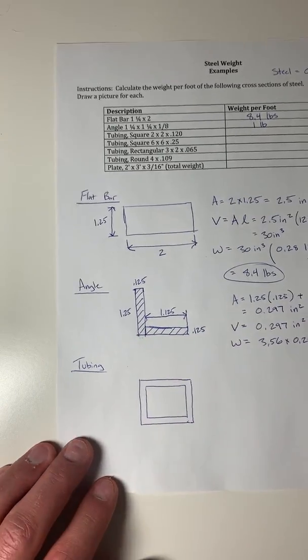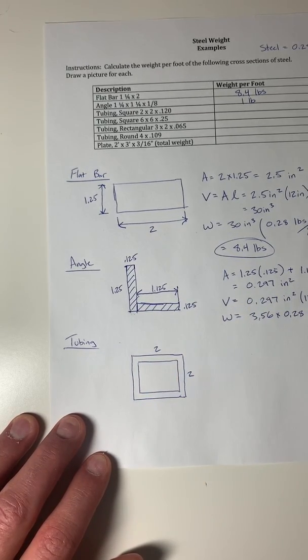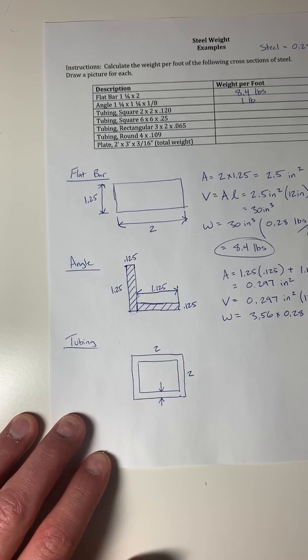All right, the 2 by 2 refers to the outside dimensions, and then the 120 thousandths, that's the dimension of the thickness of the steel around all of the sides.